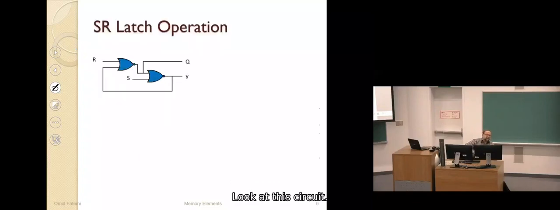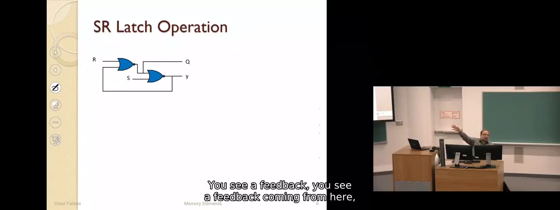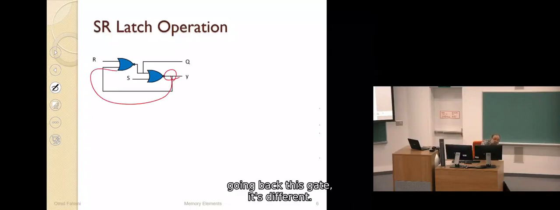Look at this circuit. If you look at it carefully, it is different from what we have seen before. What we had before was just some kind of gates, inputs going to outputs. But here, what do you see? You see a feedback coming from here, going back to this gate.